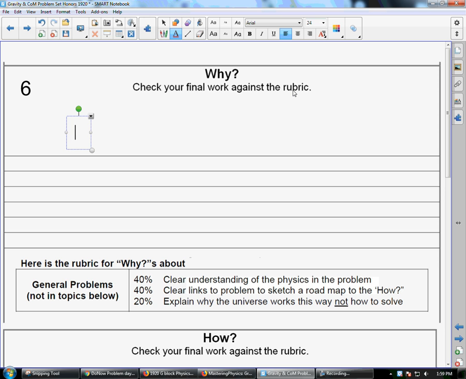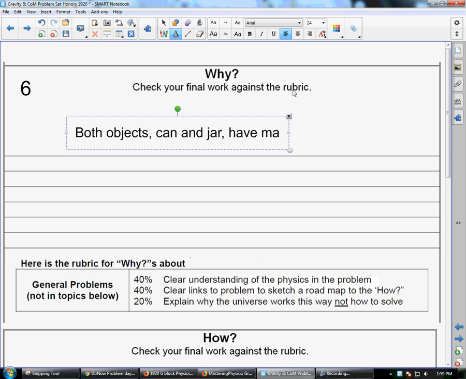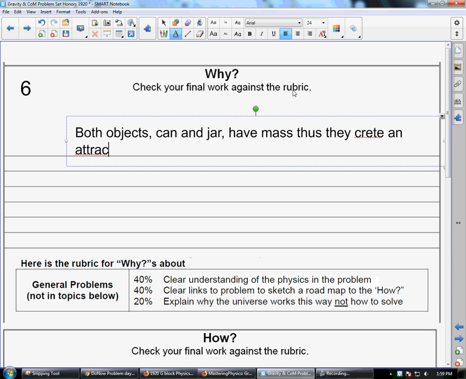So, let's see. What do we know about those two forces? Oh, I know. Both objects, can and jar, have mass, thus they create an attractive force of gravity.